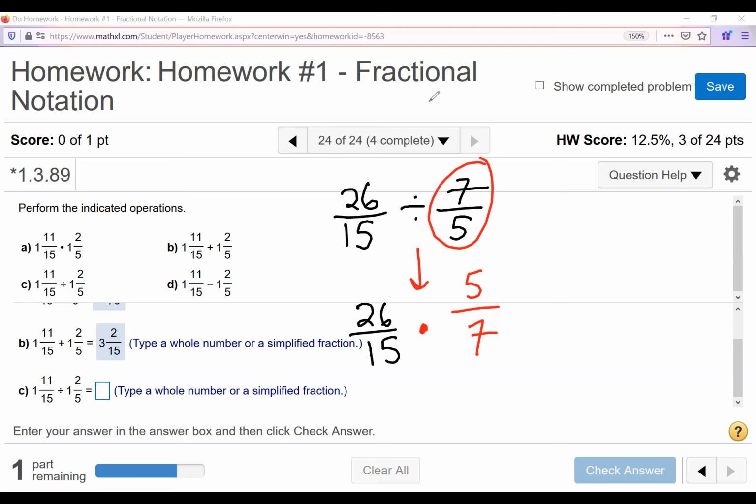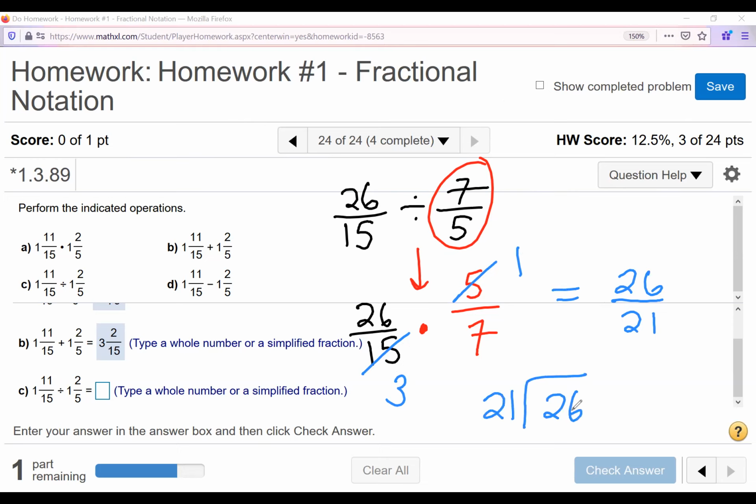Now, this time we actually can reduce. The 5 and the 15 can both be divided by 5. So 5 divided by 5 becomes 1. 15 divided by 5 becomes 3. Now when I multiply across, 26 times 1 is 26. 3 times 7 is 21. Okay, and then because this is improper, I can choose to change it to a mixed number.